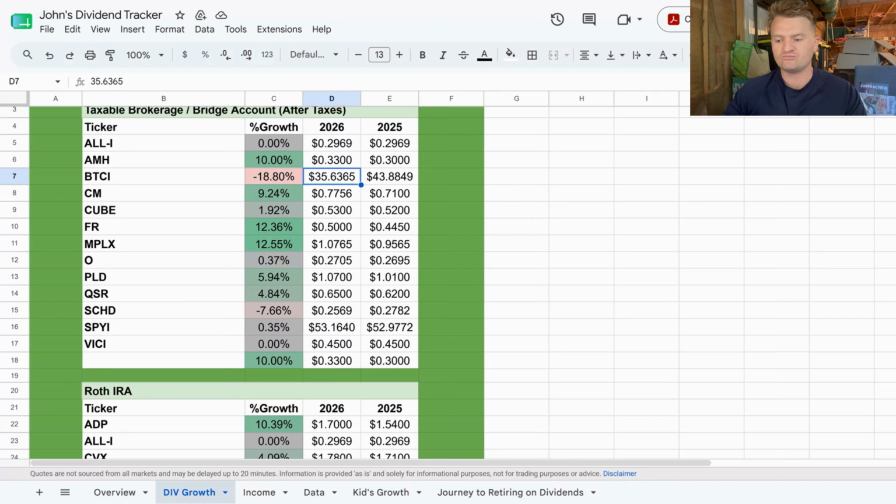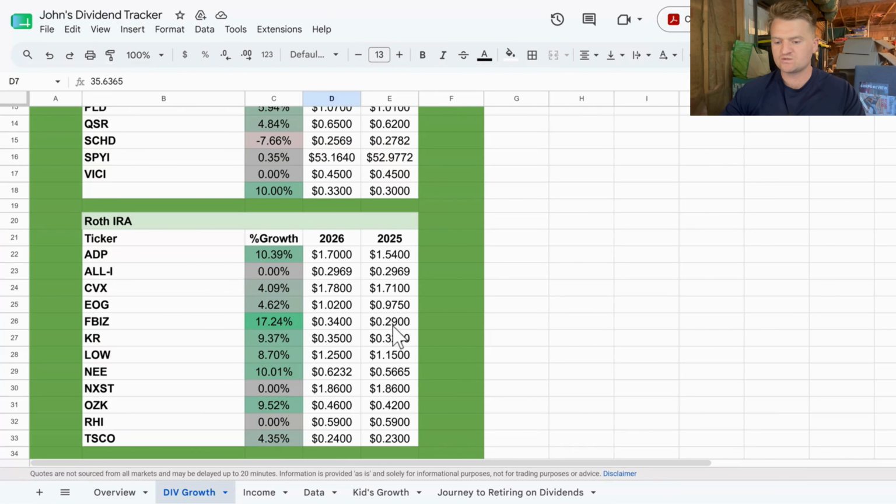So I just did it on a monthly, or really quarterly, payout basis, and it works for them. But I think the best way to track BTCI and SPYI would be to see what their annual yields are and see if we can see an increase there. I think that'll be a better, more accurate way to check them out.